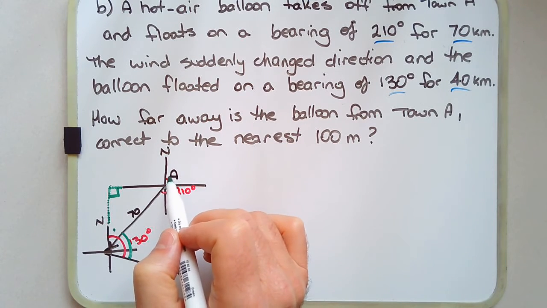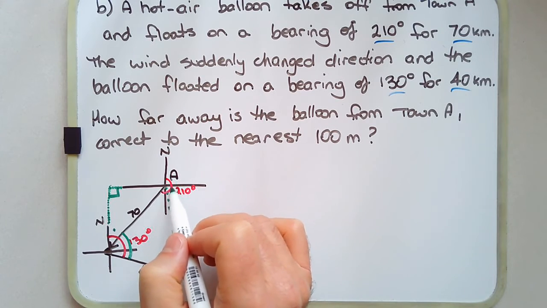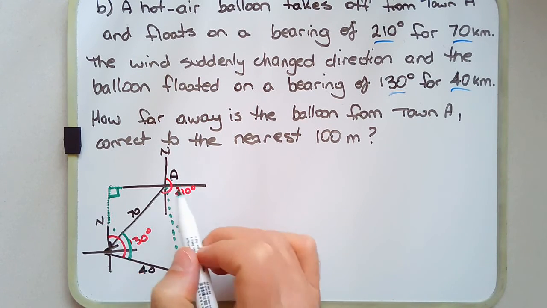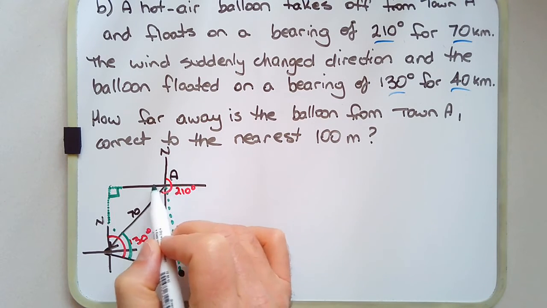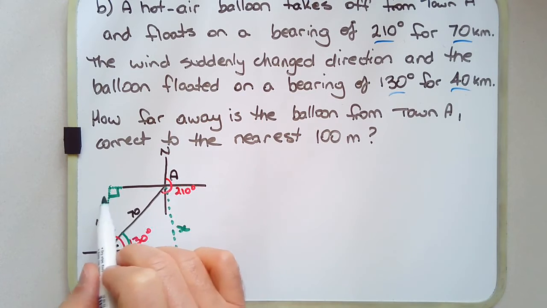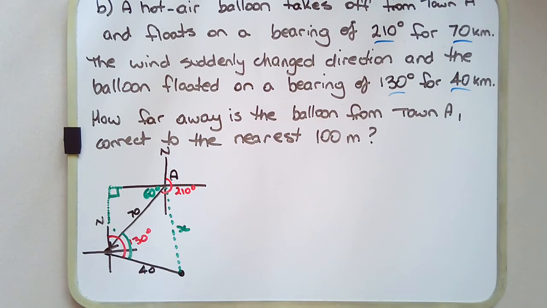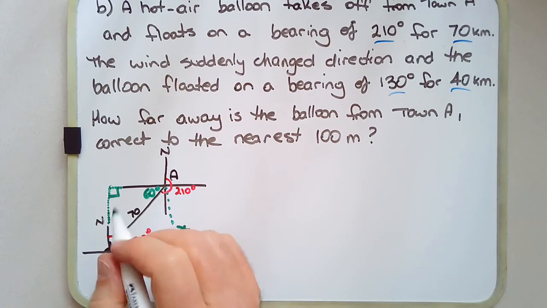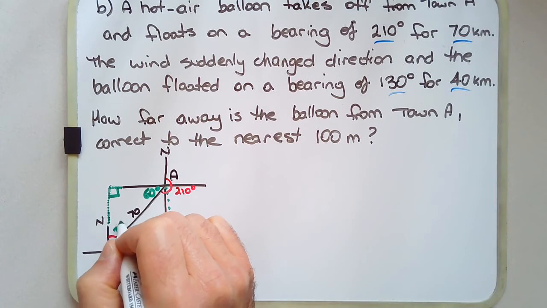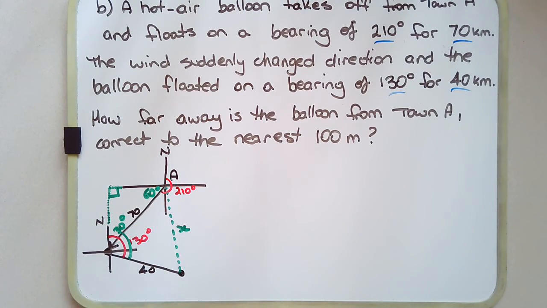Now, this is 210 degrees. West is 270. That's 210, so this must be 60 degrees here. If that's 60 degrees, this one here must be 30 degrees. So what must this angle here be?